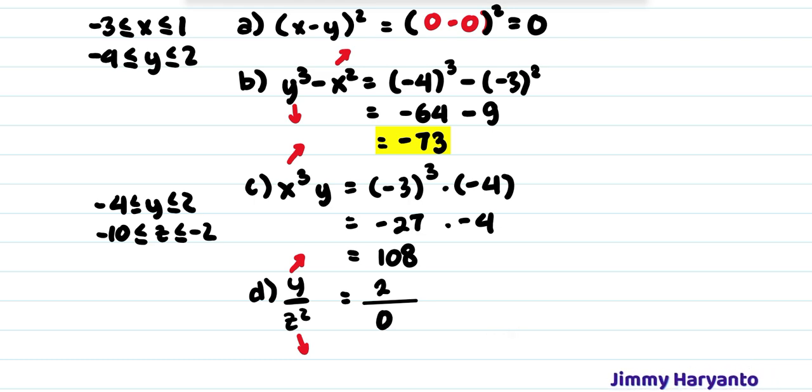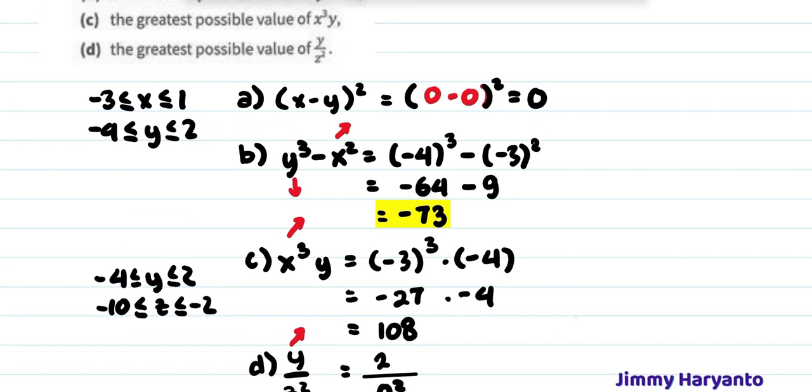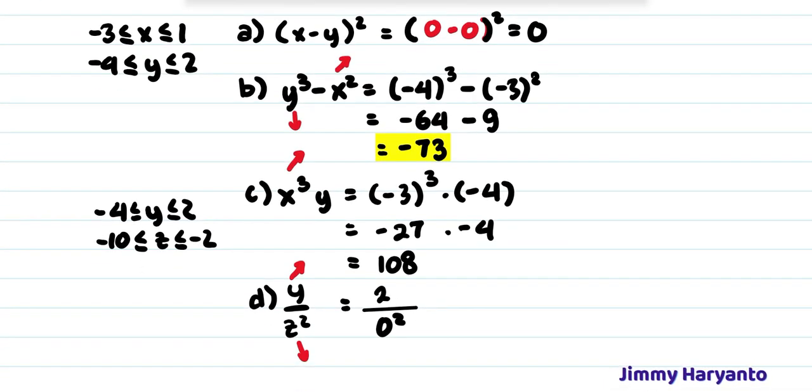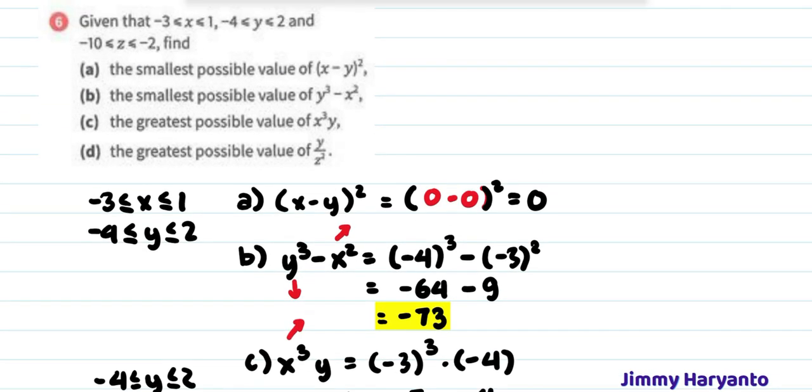Actually, you can use 0 like the one that I said before. For squares it has to be 0, but if you do this, the question says greatest, that means you will have 2 divided by 0, and 2 divided by 0 in math is undefined. You cannot solve this. That also means I have to choose, is it integer?